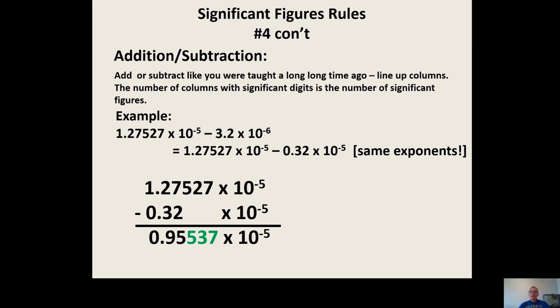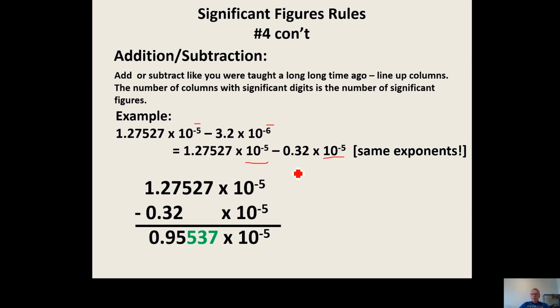Significant figure rule number 4, continued: adding and subtracting, but you have it written in scientific notation. I have it written so that these two numbers have 10 to the minus 5 and 10 to the minus 6. First thing you have to do is rewrite it so you can factor out the exponent.